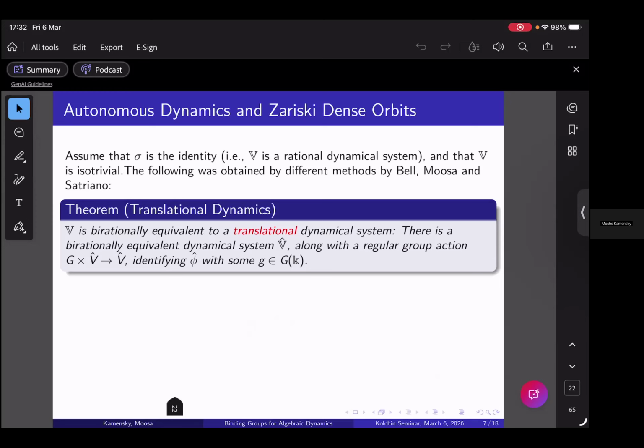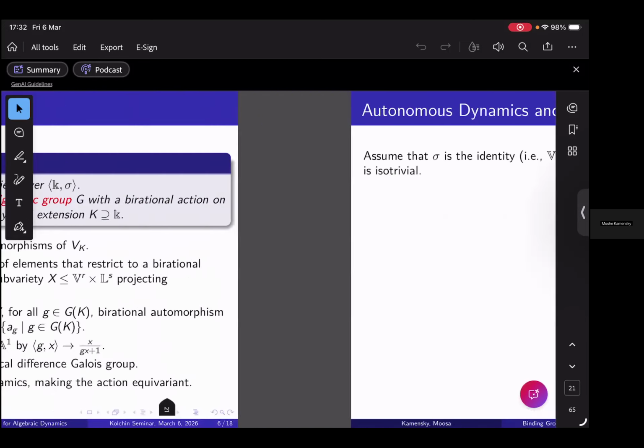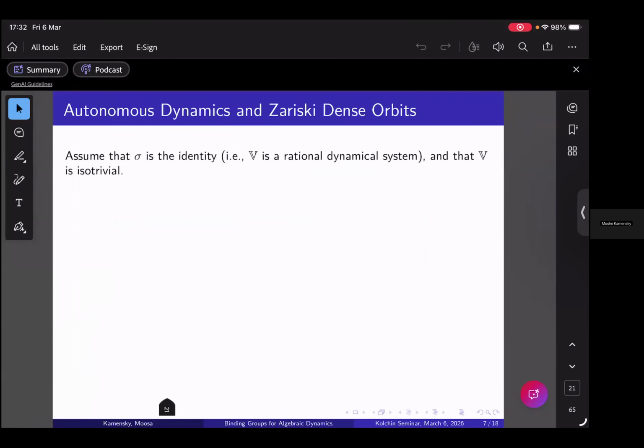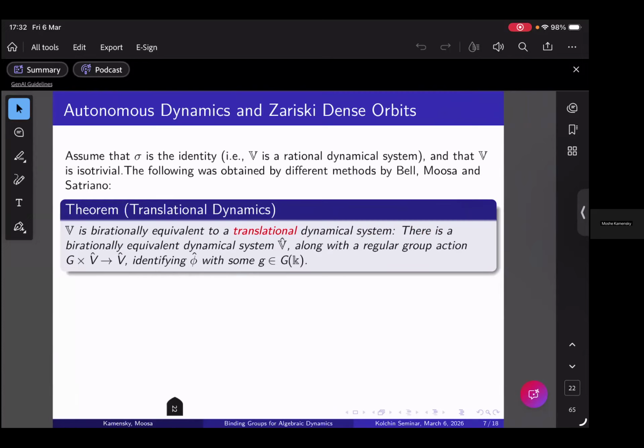And the explanation is very simple because the dynamics, the map on V, is an element of this Bir_K(V/L) group. It commutes with itself, so it's automatically an element of the algebraic group, namely the binding group, this group that is guaranteed by the theorem.